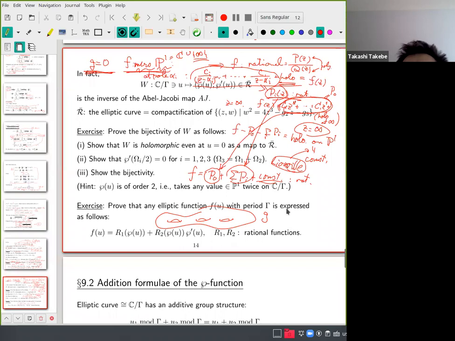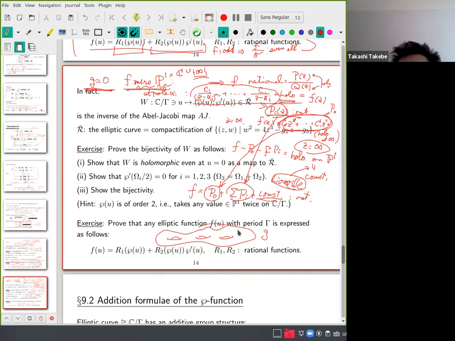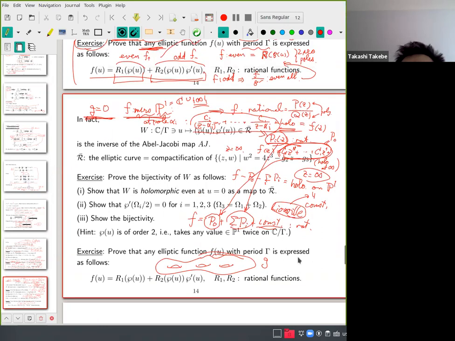Namely, we can express any meromorphic function on a compact Riemann surface of genus g as a certain rational function of certain variables, which of course I cannot prove here.